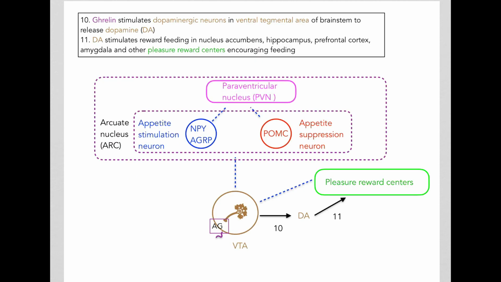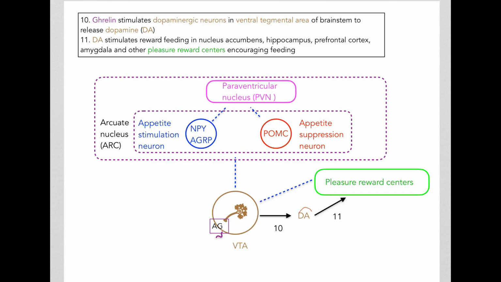Another effect of ghrelin on the brain is that ghrelin stimulates dopaminergic neurons that are present in various parts of the brain, especially the ventral tegmental area of the brainstem. And when these neurons are stimulated, they release dopamine, or DA.